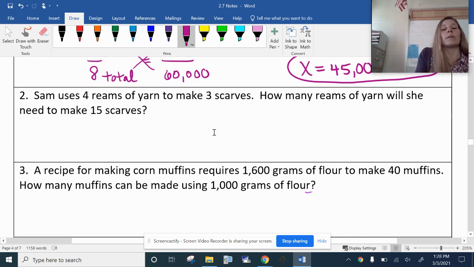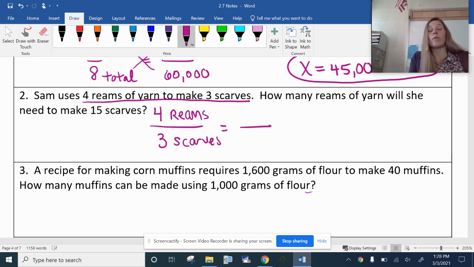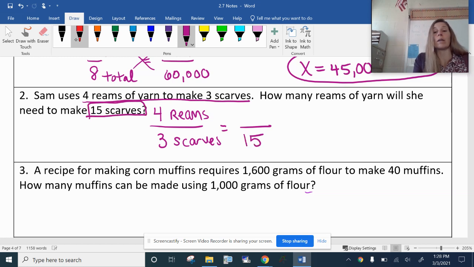Okay, Sam uses 4 reams of yarn to make 3 scarves. So that's my first ratio. So I have 4 reams to 3 scarves. On my second ratio, I have to make sure reams would be on the top and scarves would be on the bottom. So they're giving us 15 scarves, so that 15 goes on the bottom.